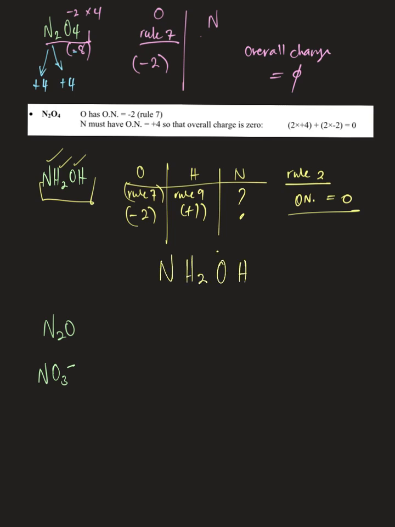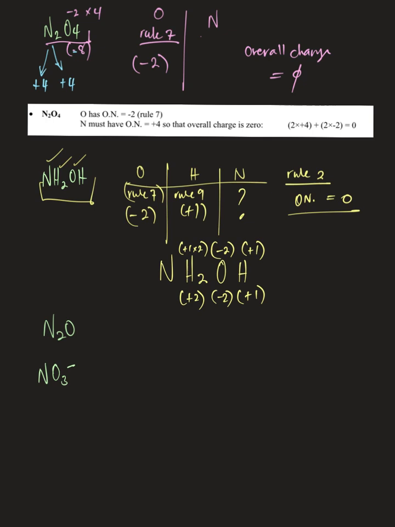For the oxygen, I've got -2. Here I've got +1. Here I've got +1 times 2. So overall, I've got +2, -2, +1, so I've got +3, -2. I need this to even out and equal 0.